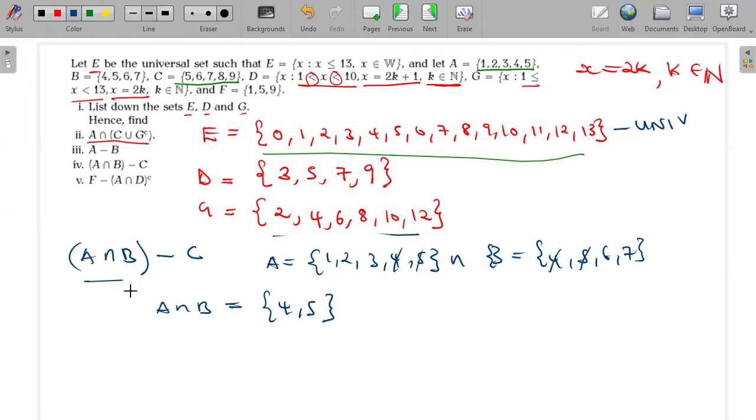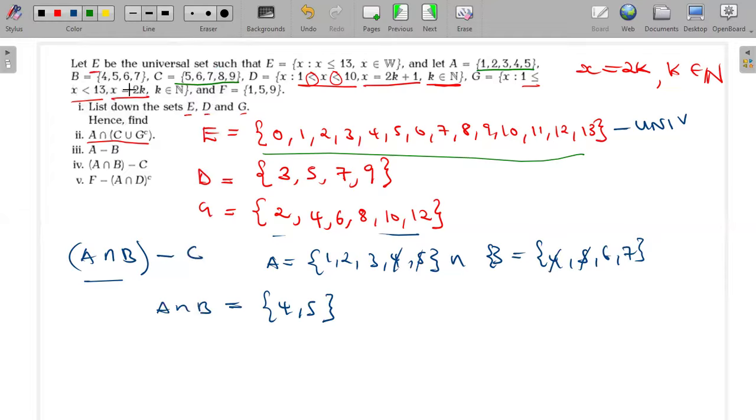Now, they're saying A intersect B, then the set difference of C. So in short, A intersect B set difference with C is just going to mean elements that are in A intersect B, but they are not in C. Let me then write this like this.